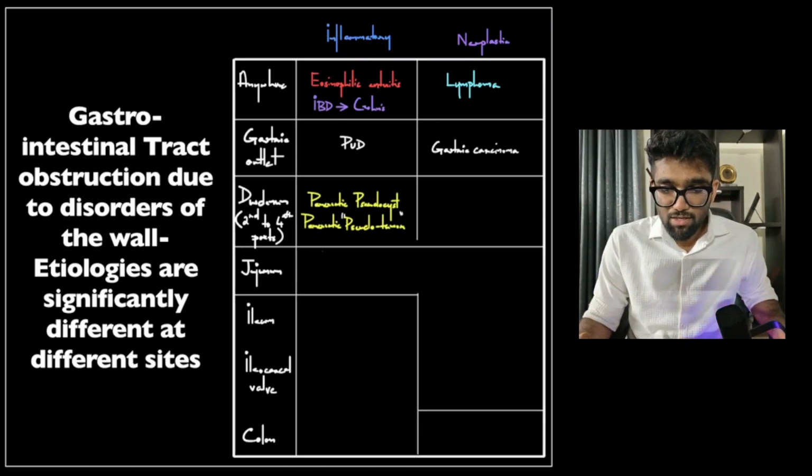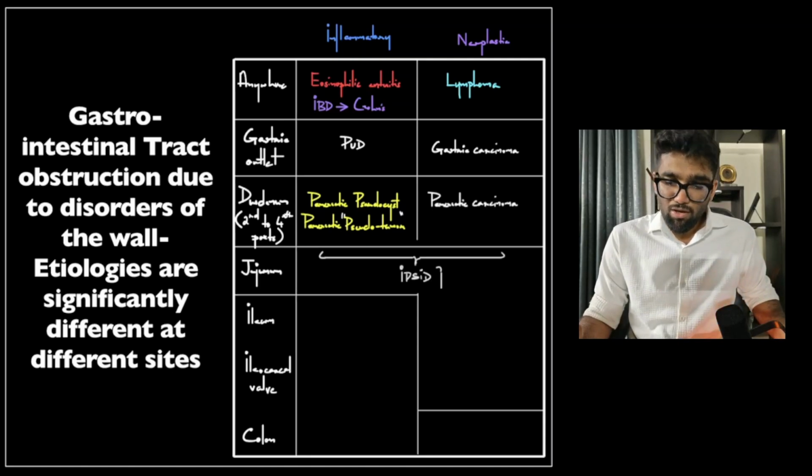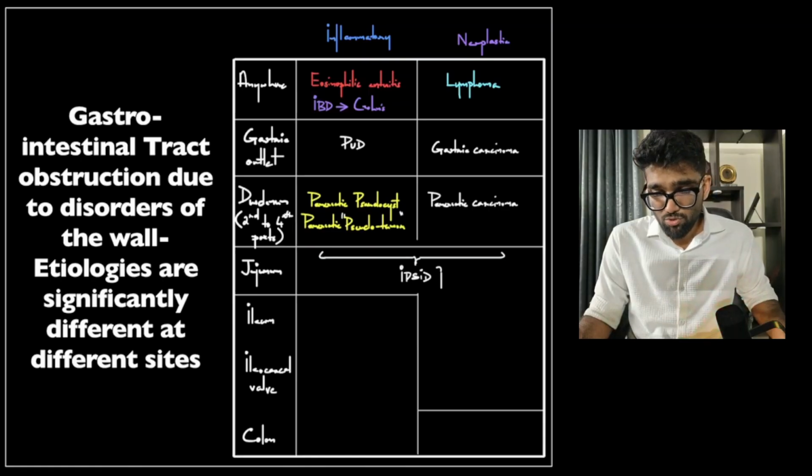Then we have duodenal obstruction due to either a pancreatic pseudocyst or a pancreatic pseudotumor. That would be IgG4 related, although usually IgG4 related lesions are not this large. So it's usually almost always a pseudocyst. Neoplastic would be pancreatic carcinoma. Also, it would be a distal CBD carcinoma, although they're much rarer, and much rarer as compared to this would be a primary ampullary duodenal carcinoma.